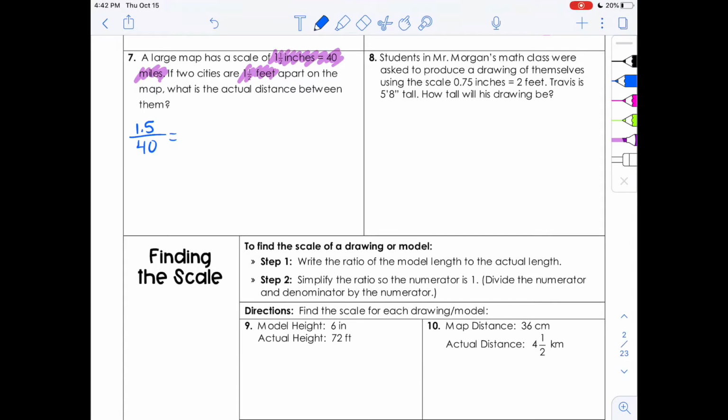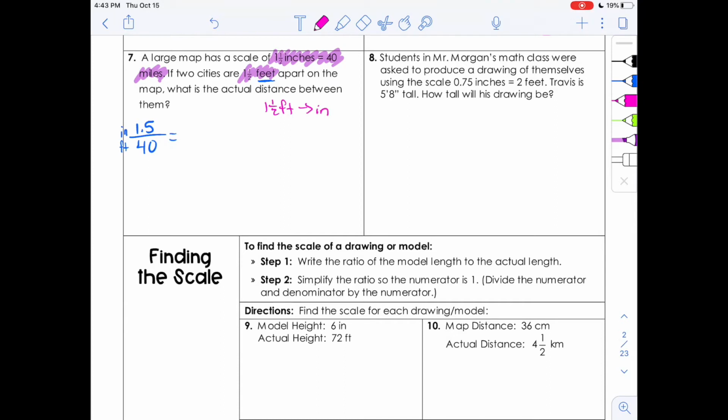Well, before we can do that, remember our scale says 1.5 inches to 40 miles. And this tells us on the map it's 1.5 feet. So we want to change that 1.5 feet to inches. And again, we know that there are 12 inches in a foot.